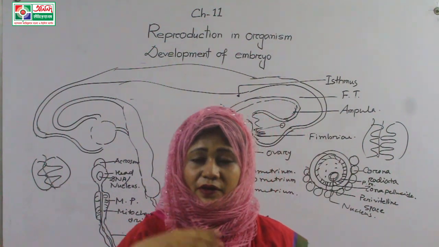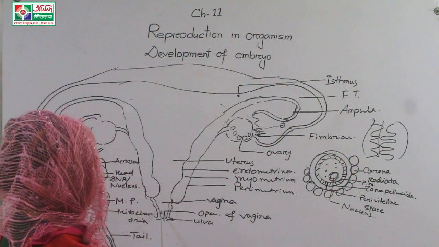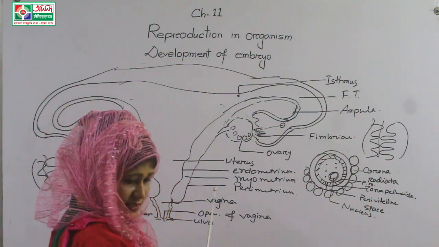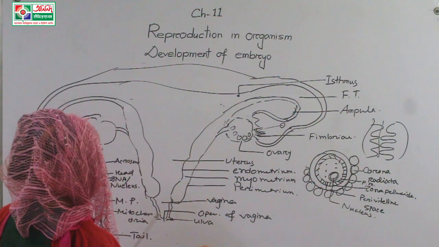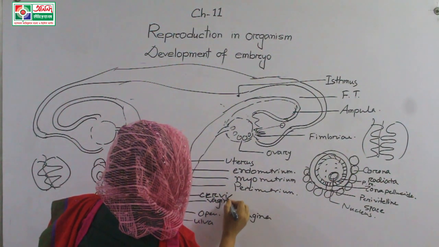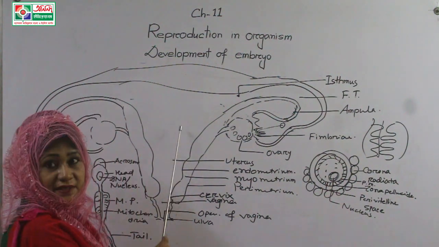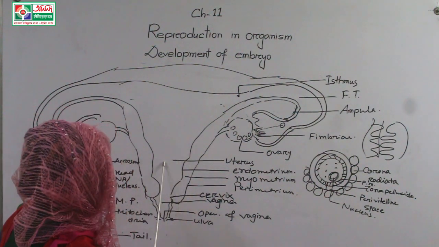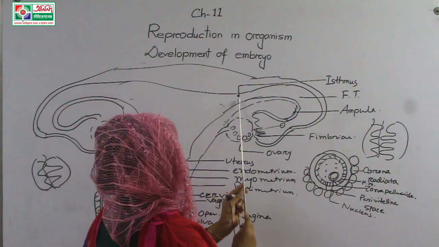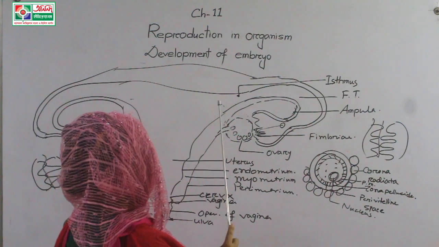How do the sperms reach? Through the opening of the vagina, through the cervix. I didn't mention the cervix; this is the cervix. Through the cervix, it enters the uterus.